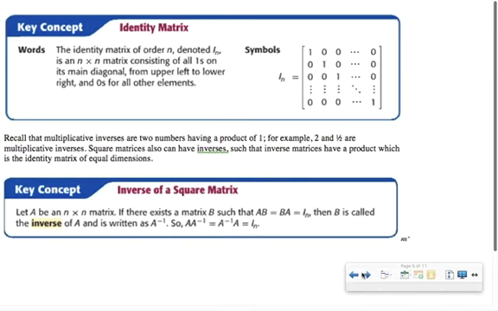And so in matrices, we have what we call the identity matrix. And it is very reminiscent of the reduced row echelon form of a matrix. And we can use the identity matrix in order to find the inverse of a square matrix.